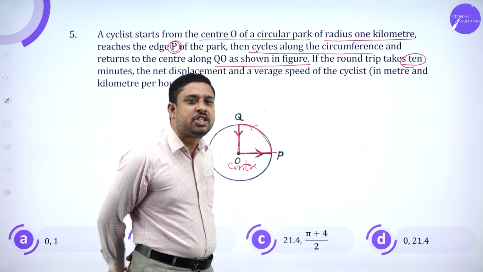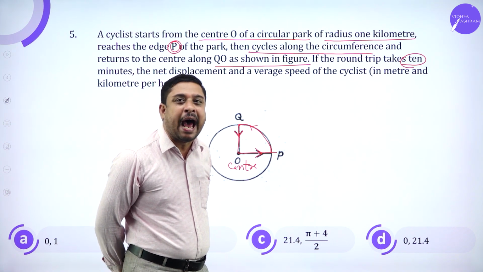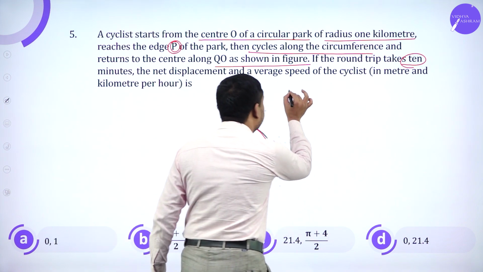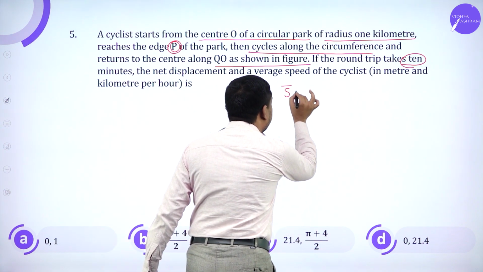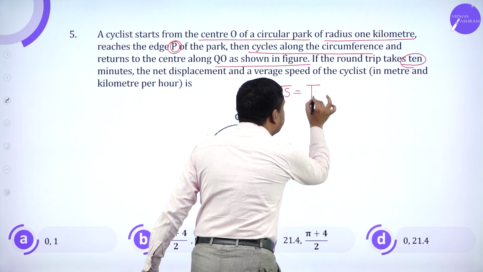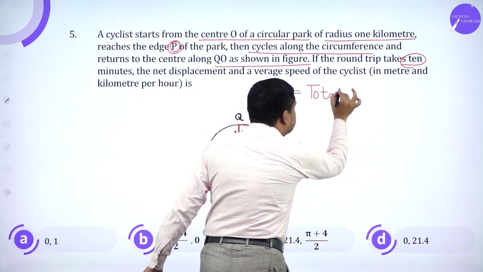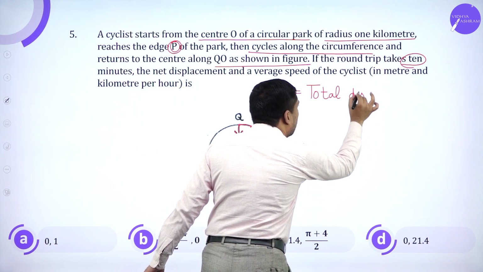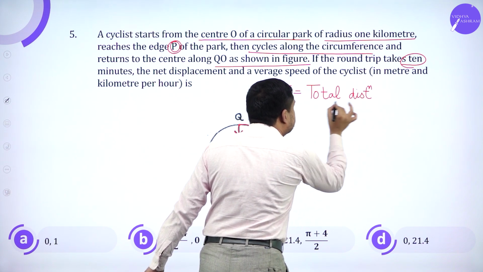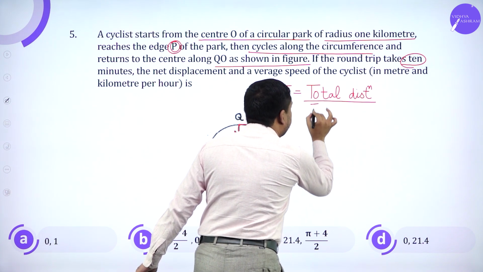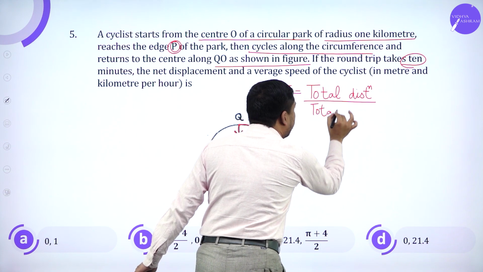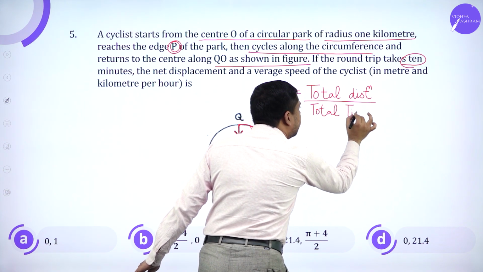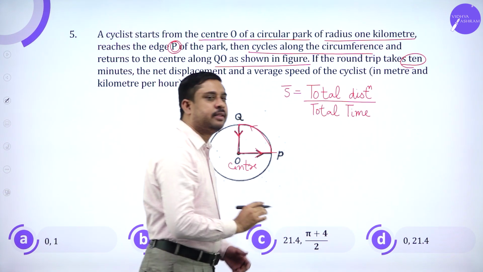Now, recall the definition for average speed. We told average speed is nothing but total distance traveled divided by total time taken.